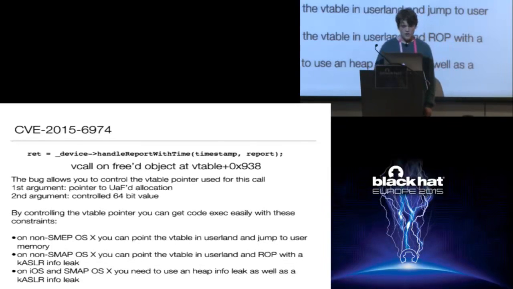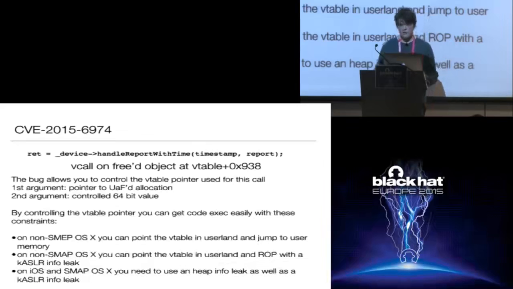So we control the data, we can reallocate another object and just cause a virtual call to corrupt the object itself. We can do this on no-SMAP macOS 10 very easily by just pointing the vtable pointer to userland and jumping to userland memory.